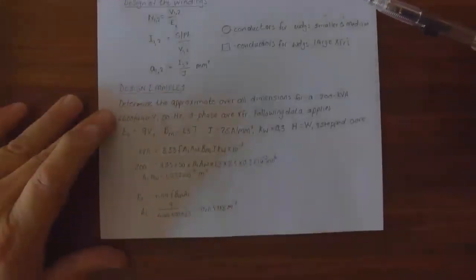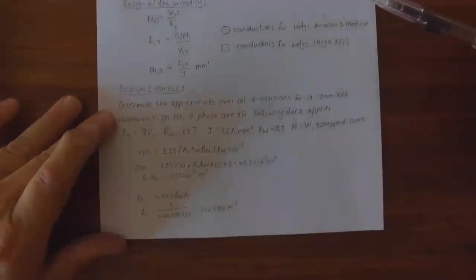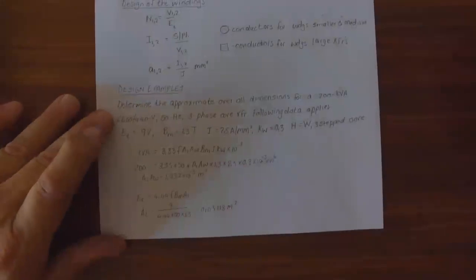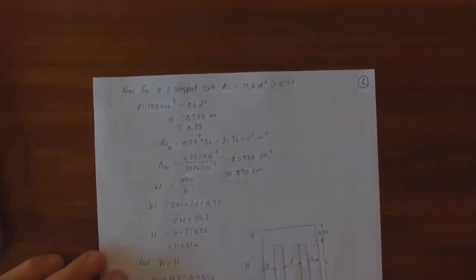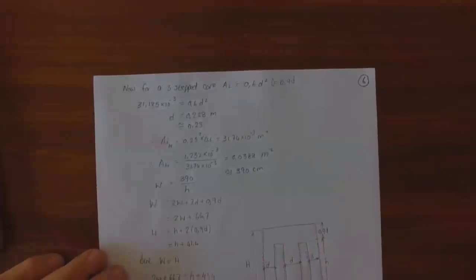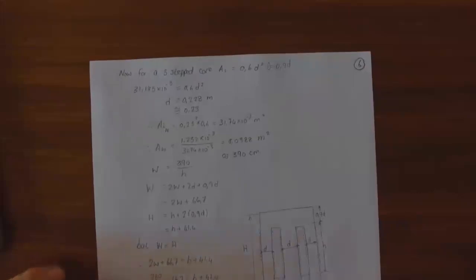If we substitute that in the EMF per turn, we get that the area of the iron is 0.03118 square meters. Now for a 3-step core, area of the iron is 0.6 d squared, and D is 0.9 d.